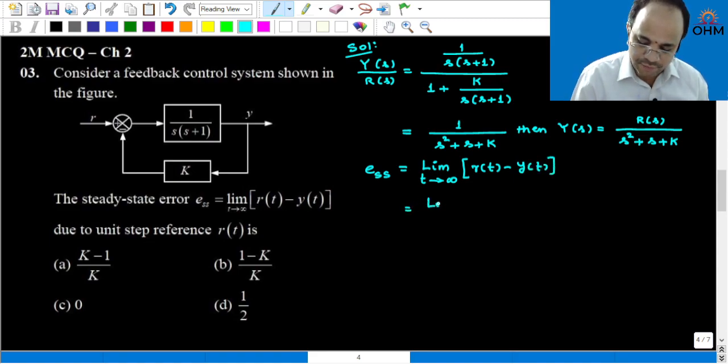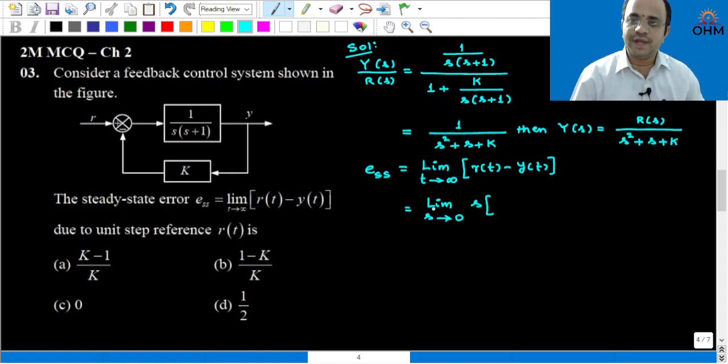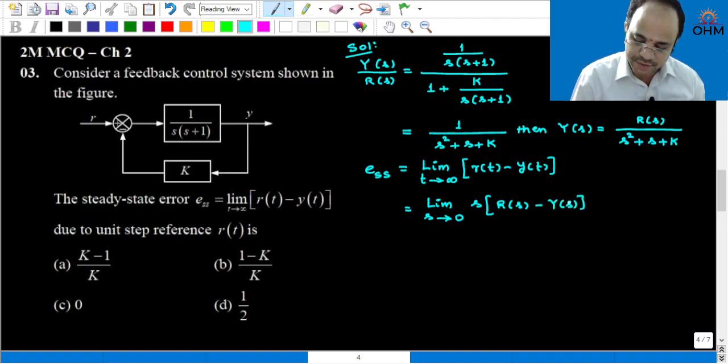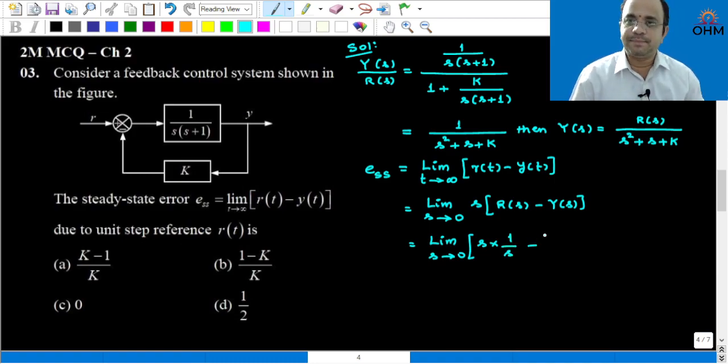Okay, therefore in the Laplace domain or S domain, how can you write this? Limit s tends to 0, by using final value theorem, s into R of s minus Y of s. This will be limit s tends to 0, s into R of s. It is given unit step reference, therefore R of s will be 1 by s.